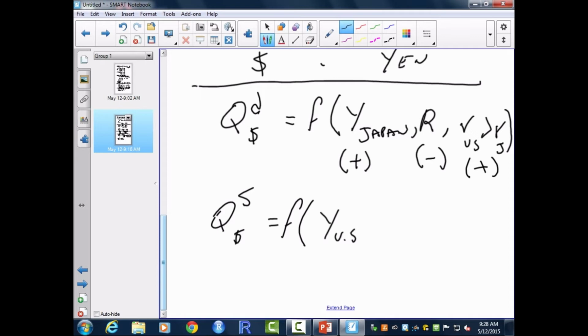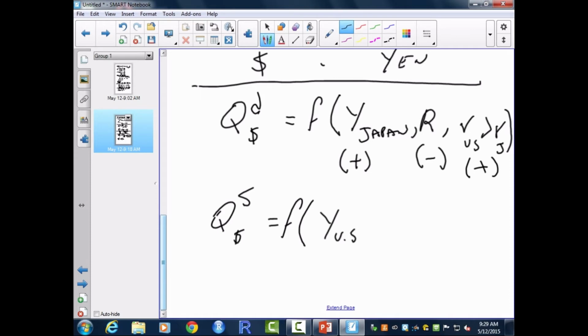So our demand for Japanese goods and services will go up. In order to buy Japanese goods and services, we need Japanese yen. How do we get Japanese yen? Well, in the currency market, we exchange our currency, the US dollar, for Japanese yen. So we are supplying the currency market with US dollar, and from them we demand Japanese yen.